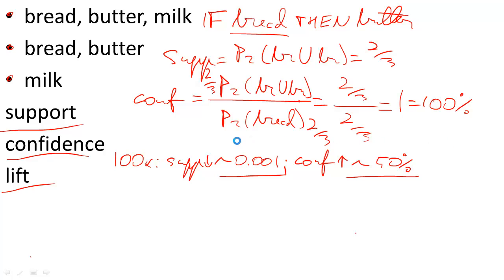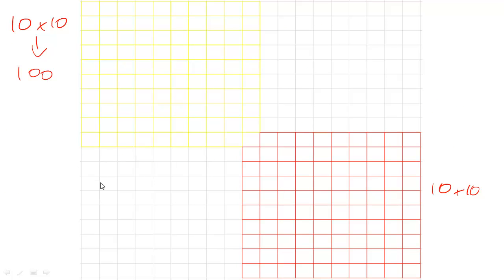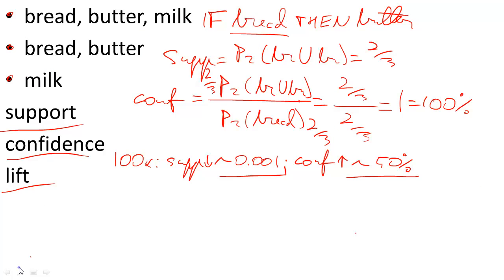For lift, we will take the probability of, let's say, bread being in a random market basket, and we will multiply it with the probability of butter being in a random market basket. Both probabilities actually are 2 over 3. So the probability of bread being in a random market basket is 2 baskets out of 3, and the probability of butter as well is 2 out of 3.